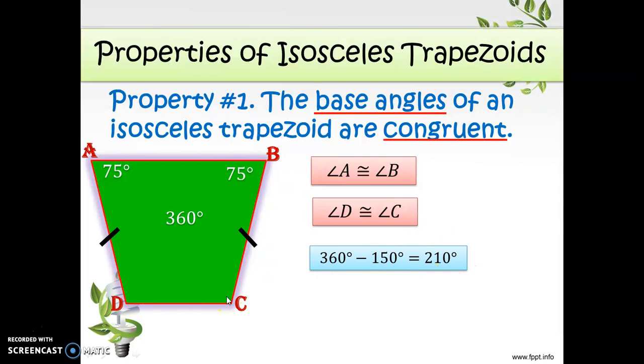And since they are congruent to each other, we can divide it by 2. So dividing it by 2, we have 105 degrees for each angle here. Okay, so let's move on.